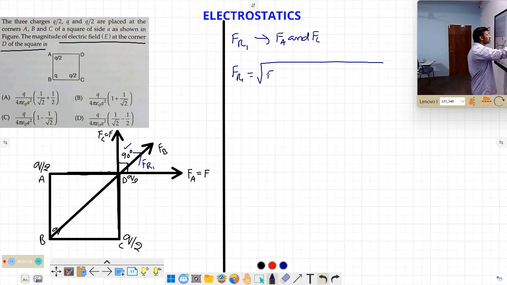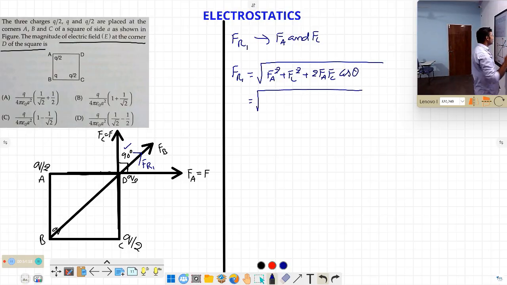So FR1, according to the parallelogram law of vector addition, with both separated by a certain angle, that is 90 degrees, I can write the formula: FA square plus FC square plus 2 FA FC cos theta. In this case, FA is nothing but F, so F square plus F square plus 2 F square cos 90 degrees.